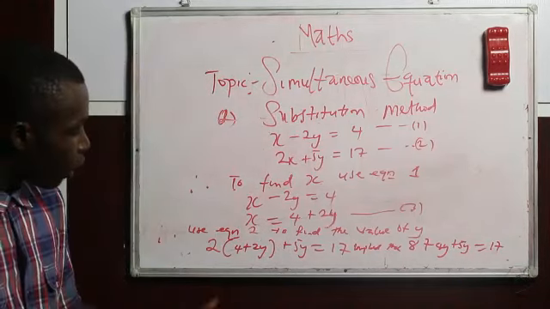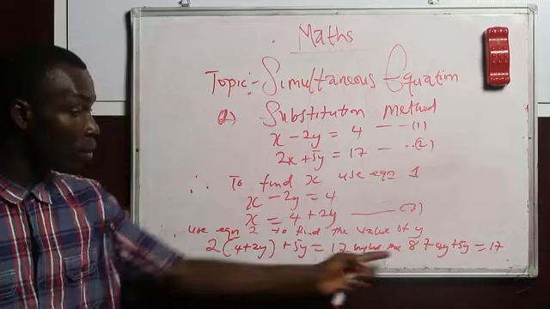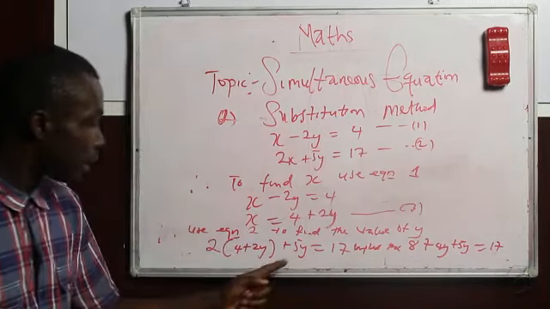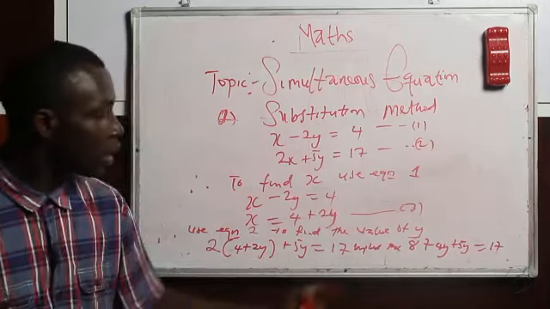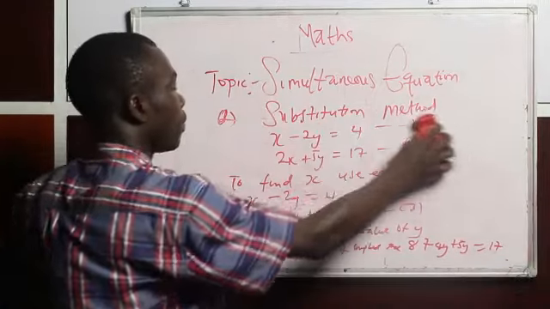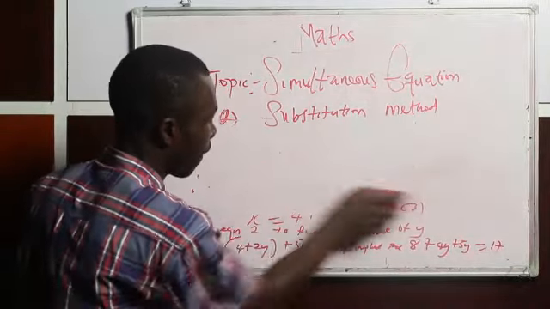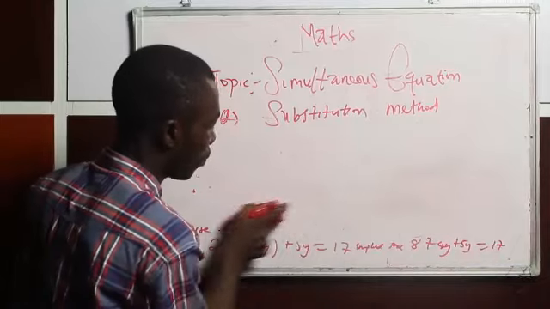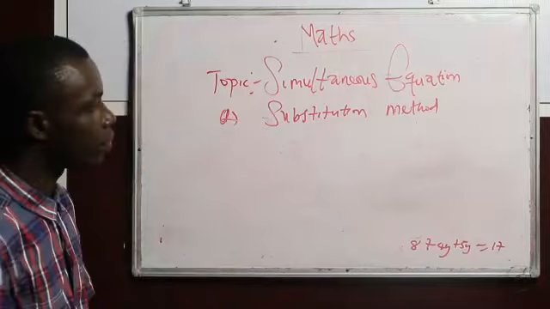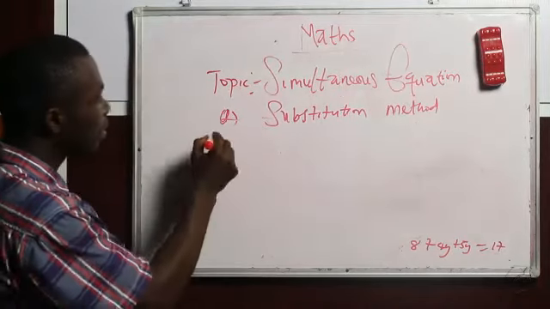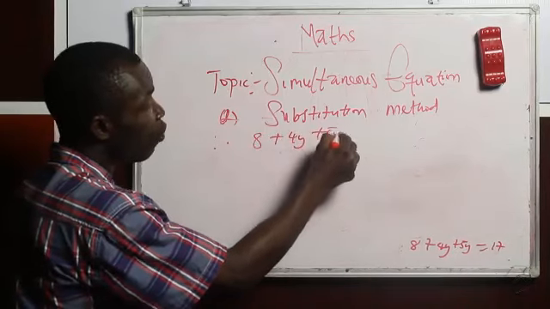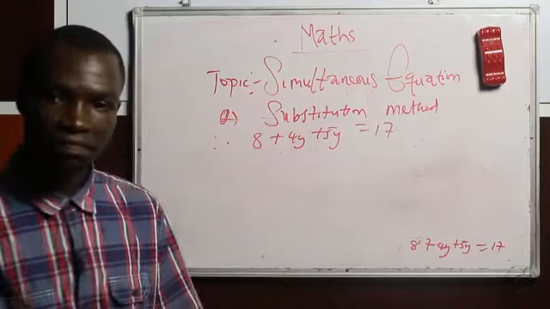Because we have opened the bracket, 2 times 4 gives us 8, 2 times plus 2y gives us plus 4y, then our plus 5y is here, equal to 17. Therefore, 8 plus 4y plus 5y equal to 17.